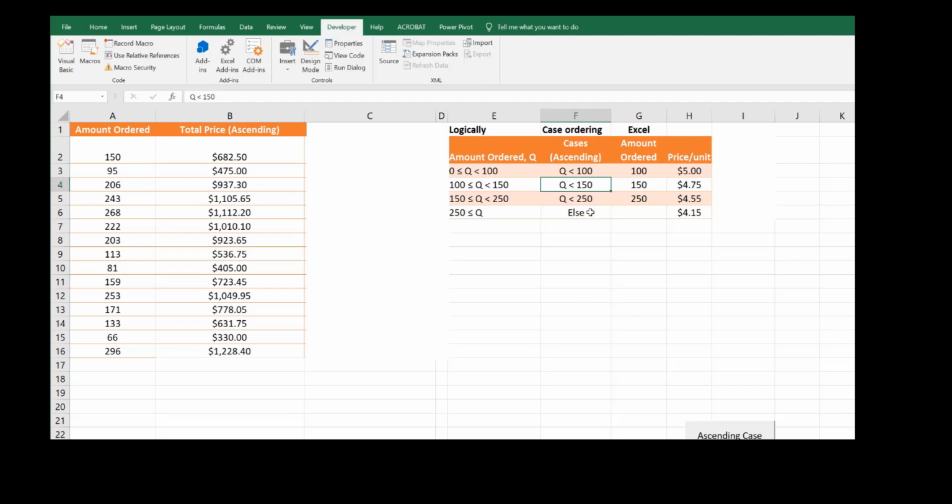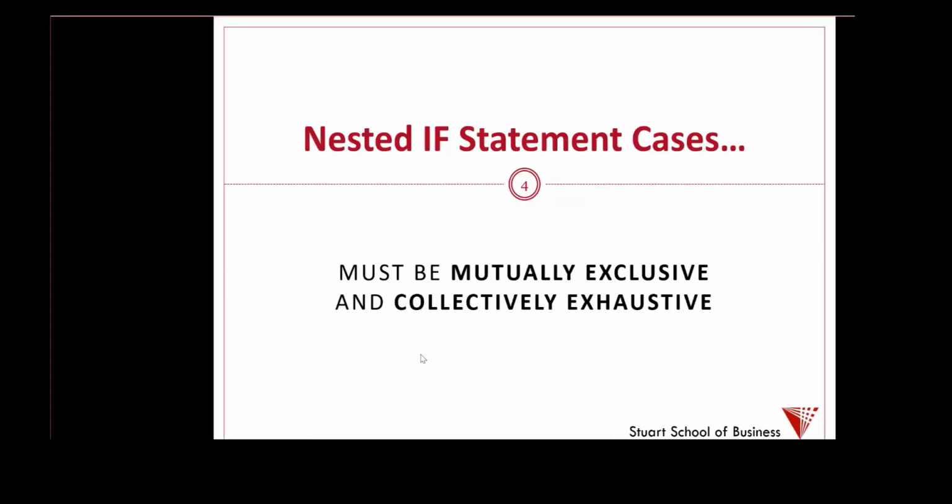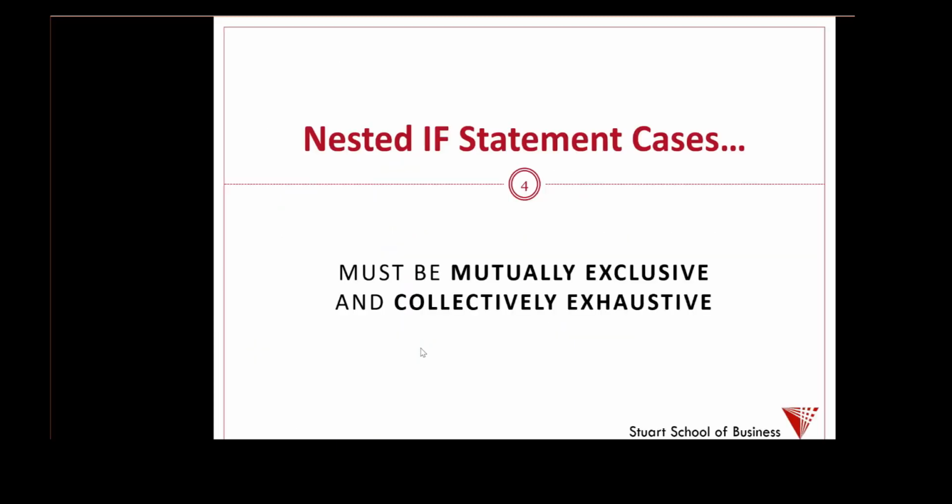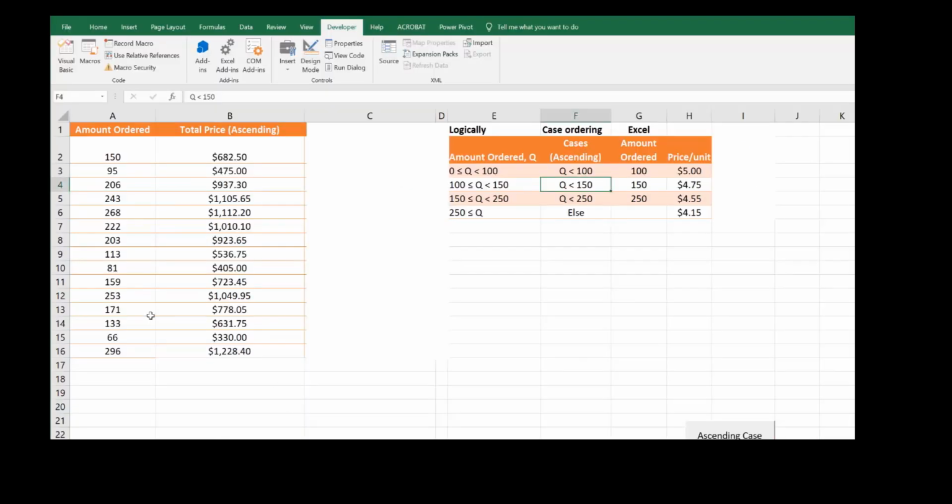So importantly, as we think about the conditions, their order matters. This is why we have this notion of a nested sieve. In addition, we've said that they must be collectively exhaustive, meaning that if I give you any order quantity in that full possible spectrum of orders, one of the conditions that I've defined will capture any possible order quantity that exists.